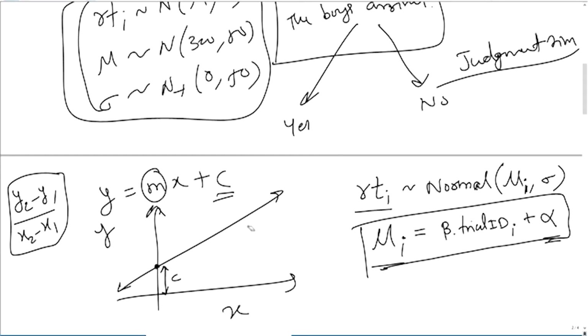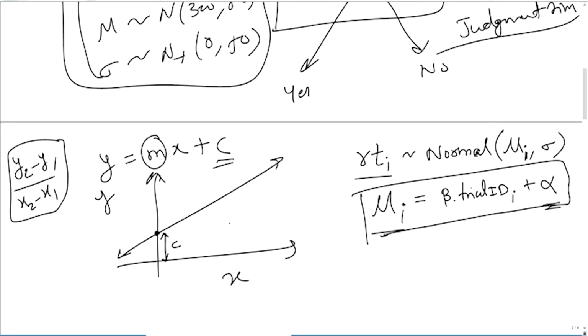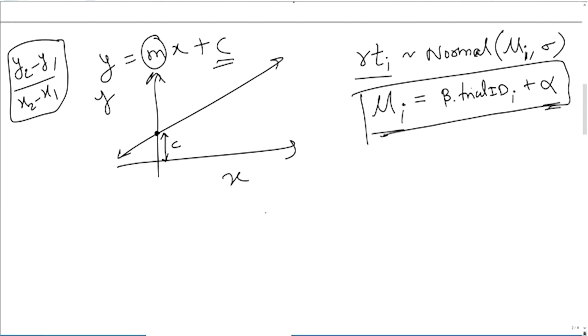This is exactly the idea we are using here. Whether your parameter mu I is increasing or decreasing with respect to trial ID will depend on the value of beta. If beta is negative, it would decrease. If beta is positive, it would increase. So mu I is changing linearly with respect to trial ID. The relationship between mu I and trial ID is the same as a straight line equation.